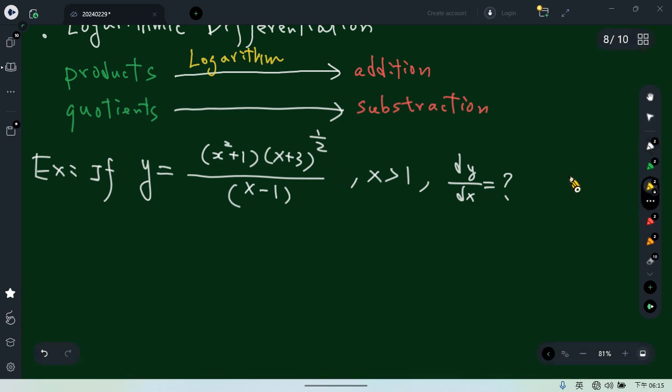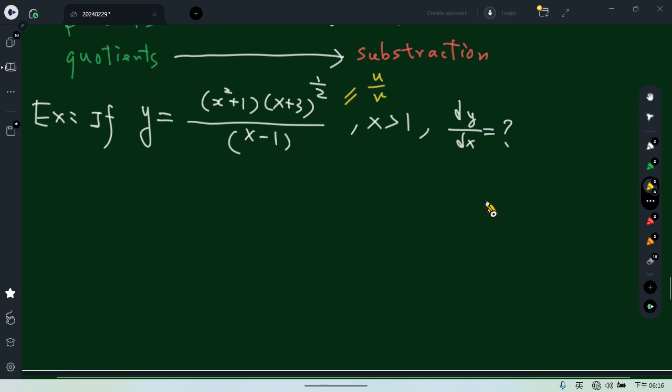I think if you just follow the rule, that will drive you crazy, because I need to differentiate this part times this one minus differentiate this one times this one.